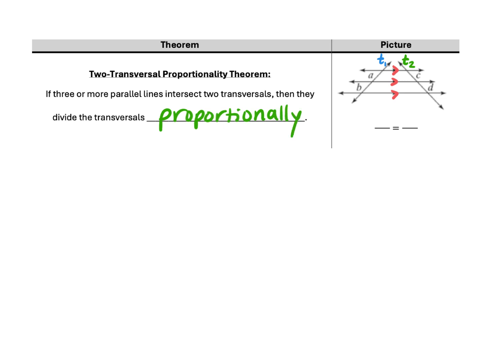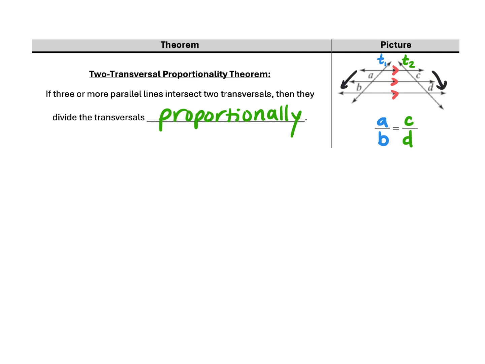So let's just use the A and the B that you see in the pictures. Transversal 1 is divided into A and B, and transversal 2 is divided into C and D. So this theorem tells us that the ratio of A over B on transversal 1 is equal to the ratio of C over D on transversal 2.